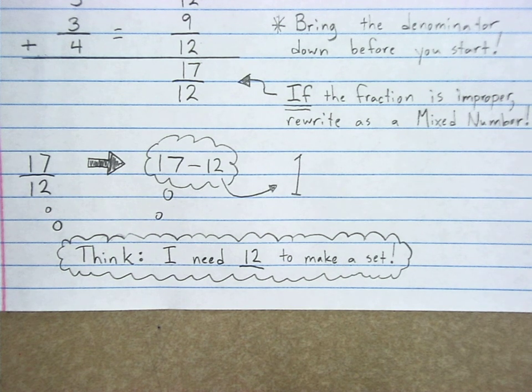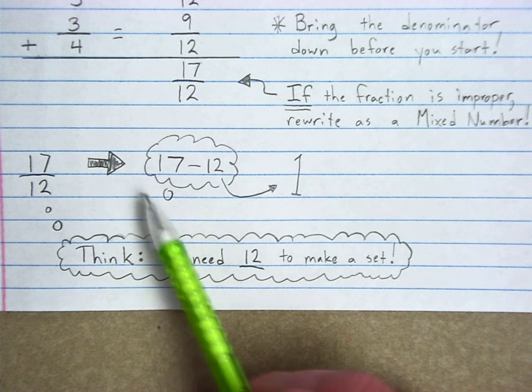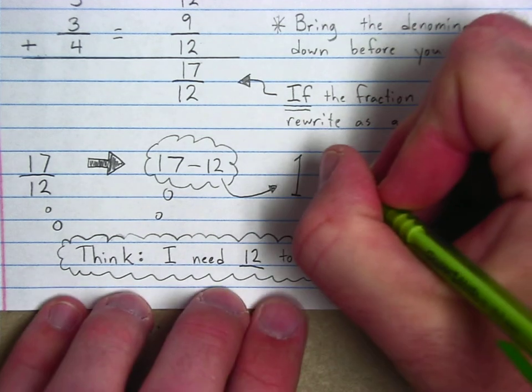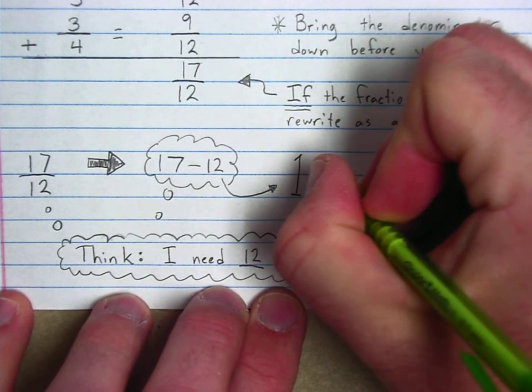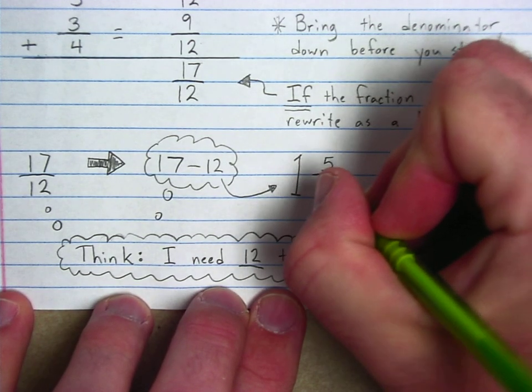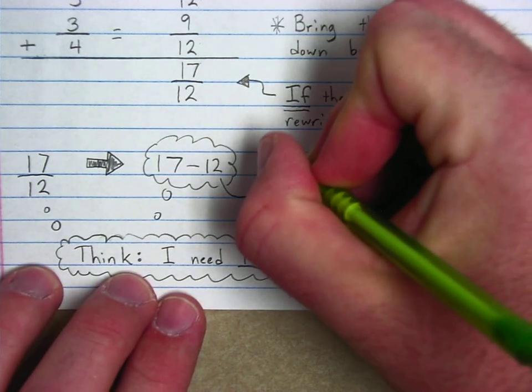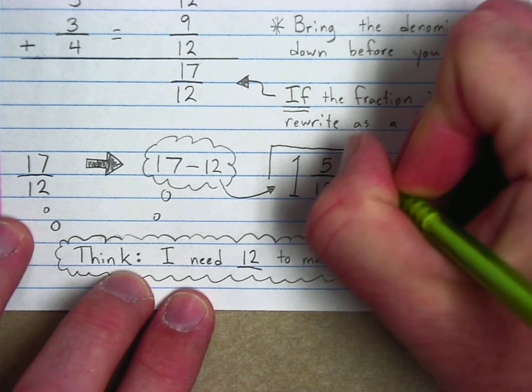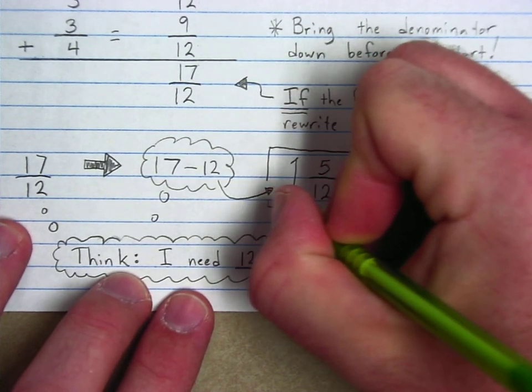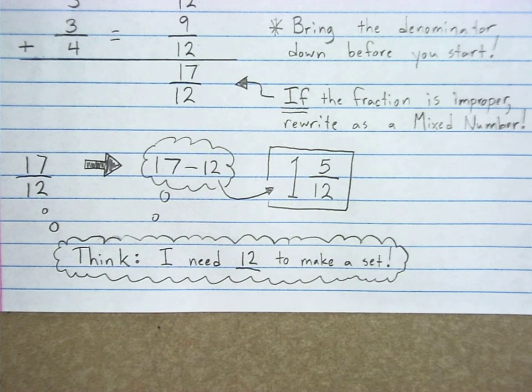Now, I still have some things left over. 17 minus 12 is 5. That means I've got 5 little pieces left out of the 12 that I would need to make a second complete set. We'll practice a lot more with mixed numbers, but I'm hoping you saw some of this in 4th grade. Ultimately, this is our answer, 1 and 5/12.